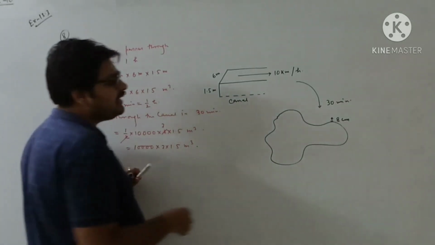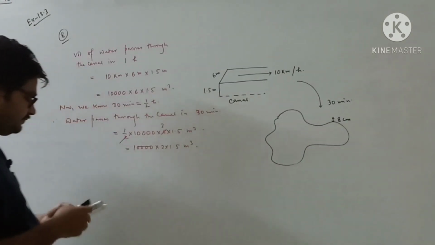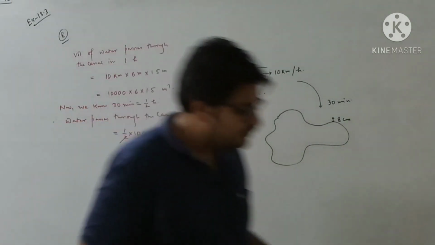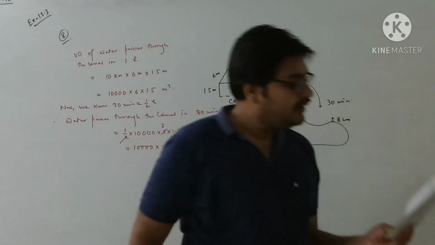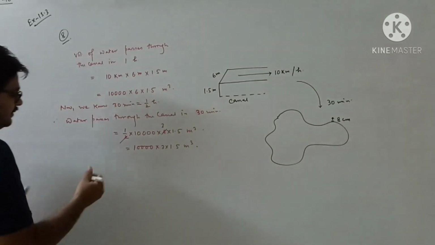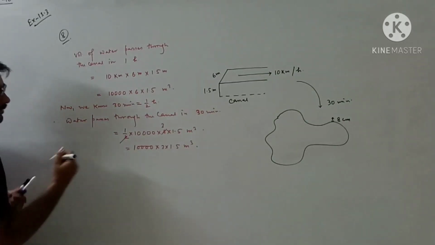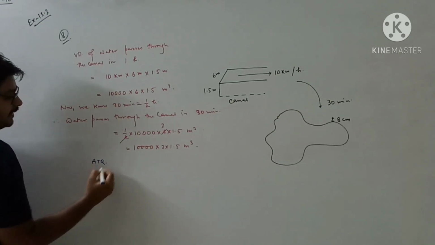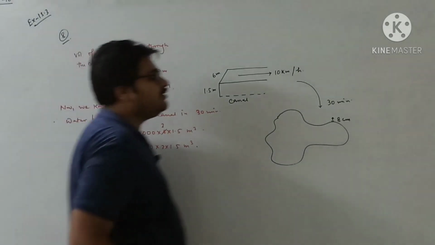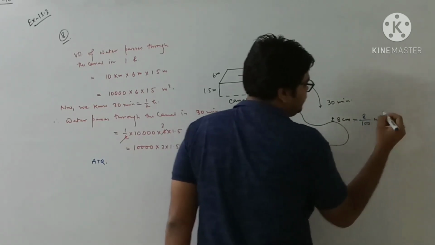Now this water is coming on this ground. So what will we write now? What I have told in the question, let's see: how much area will it irrigate? According to the question, before that, we have to change 8 centimeter into meter, so 8 by 100.